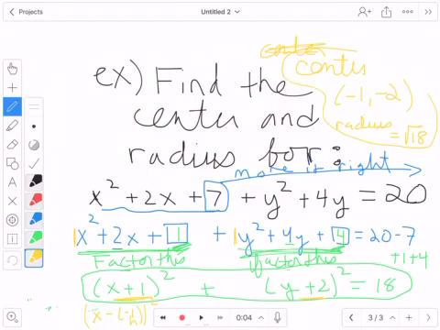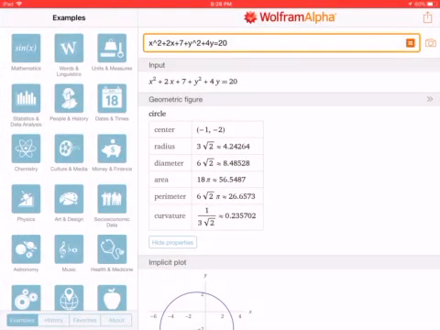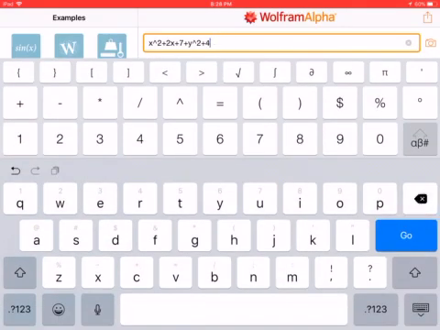Okay? So now, the fun part. Trust but verify. I want you to take the original, not the part you manipulated, but the original, and put that into Wolfram Alpha. So we have the app, and you see here I've already typed it in, but I'll just do that in real time.